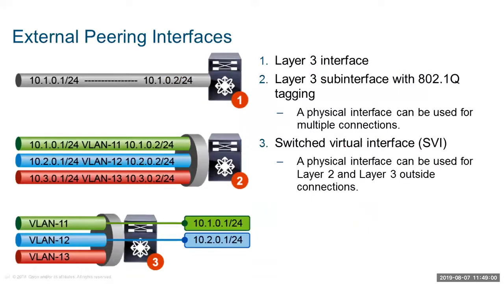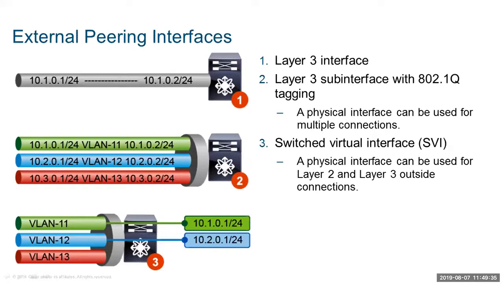Let's look at the layer 3 networks in particular. How do you pair 3 types of interfaces on a border leaf to connect to an external router? You can use a physical layer 3 interface. You can have a layer 3 interface with sub-interfaces with 802.1Q tags. That's the second one they've shown you here. Each one of them could be for a separate tenant, or you can use SVIs.